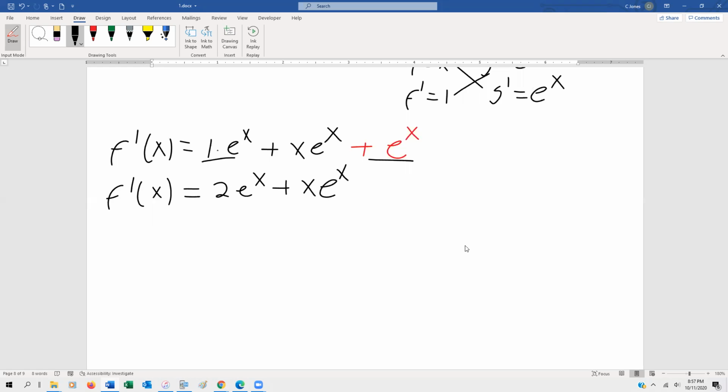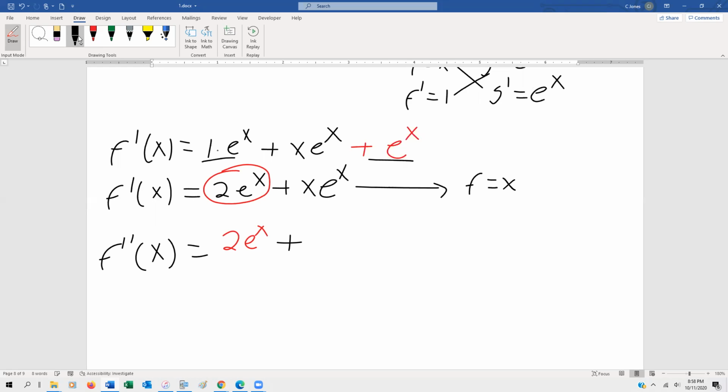Now we need a second derivative. The derivative of 2e to the x is very easy, that's 2e to the x. But once again, we're going to have to use the product rule on this guy right here.